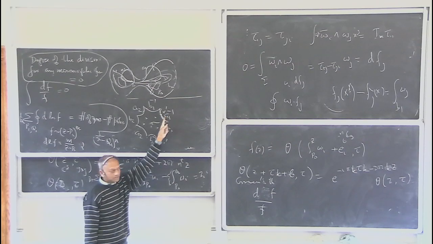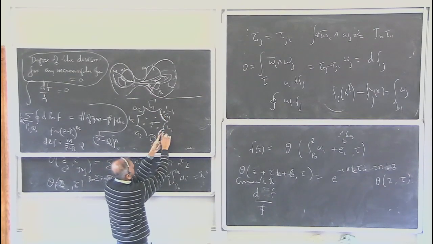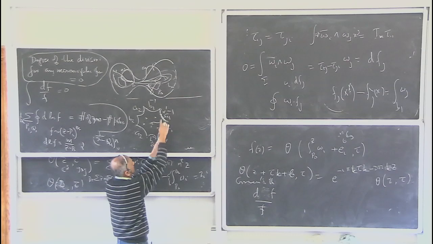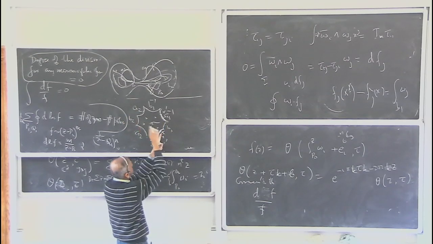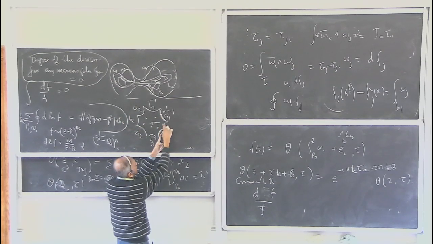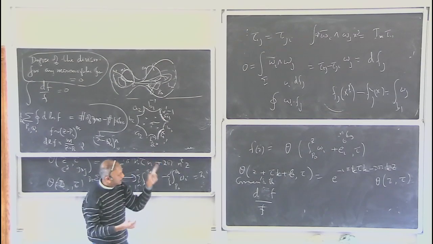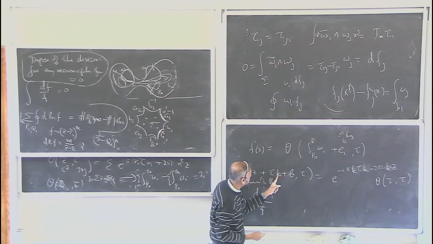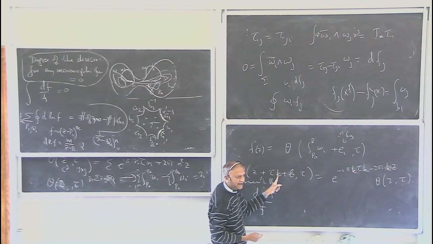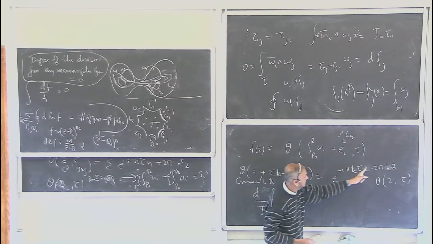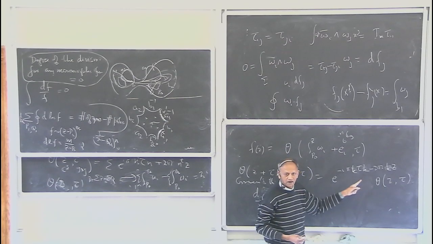Because a point x here and a point x prime, which are related to the same point on the Riemann surface, in order to get there, I needed to go around a B1 cycle. But when I go along the B1 cycle, this is precisely the k shift. So the two values are not the same.